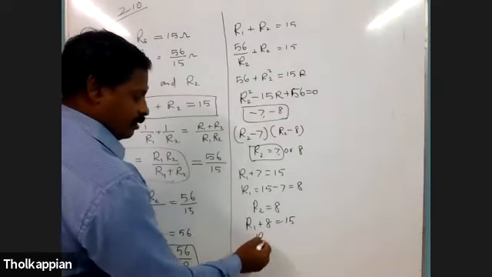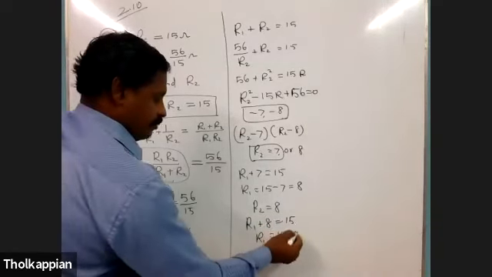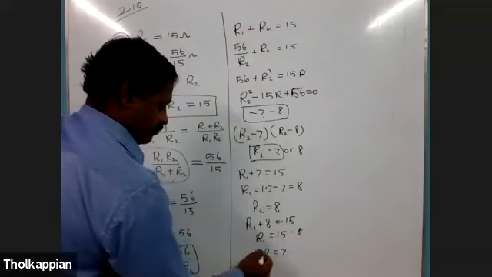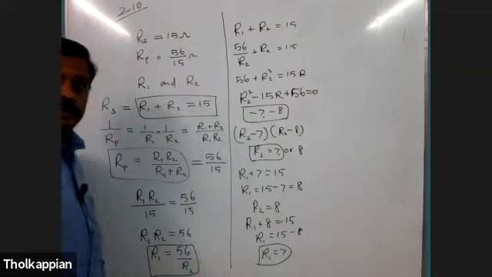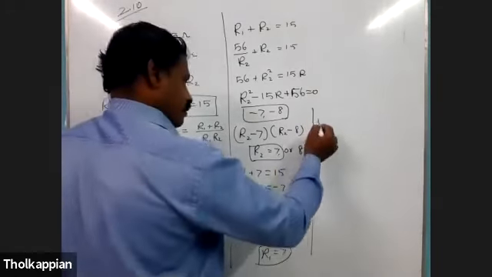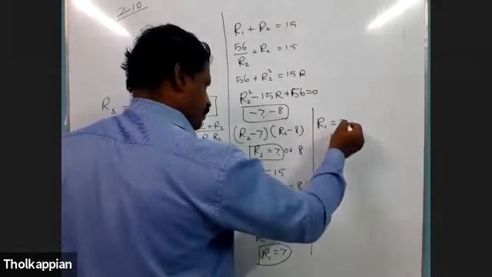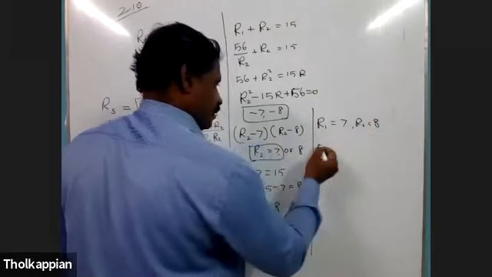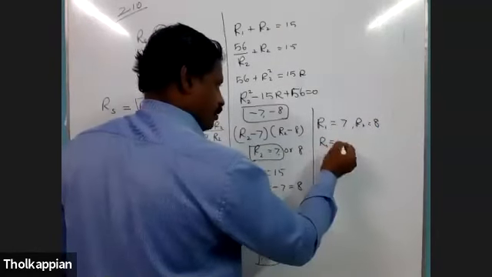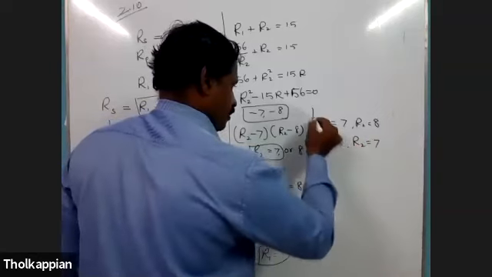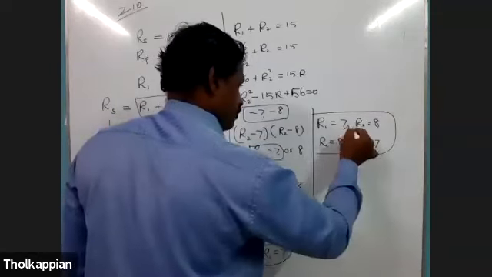So now R1 is equal to 15 minus 8, R1 equals 7. So what we come to say is, if R1 is equal to 7, R2 is equal to 8, or else R1 is equal to 8, R2 is equal to 7. That's all. This much of ohms.